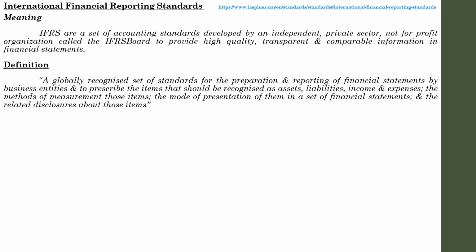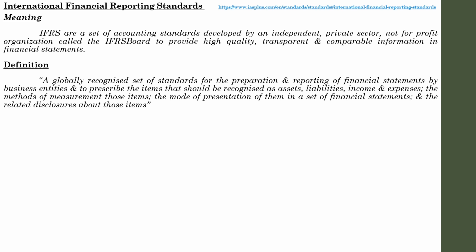And for each item there is a rule. Whenever there is an increase in income, there is a certain rule. Whenever there is a decrease in expense, there is a certain rule. Whenever there is an increase or decrease in assets or liabilities, there are certain rules. And how it is to be presented, where it is to be presented.